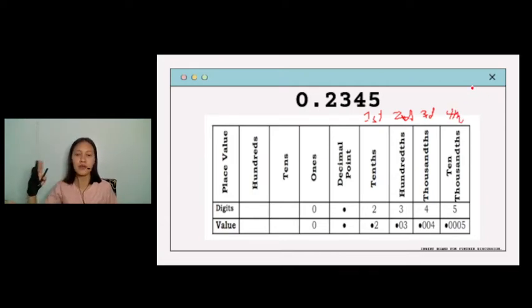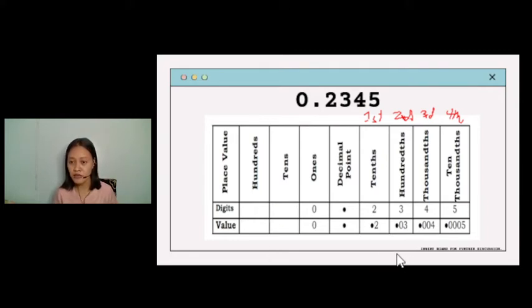So, magka-count lang po kayo ng digits simula sa decimal point papunta sa pinakakanan, right-hand side. Yung mga whole numbers nasa left-hand side ni decimal point. Always remember, decimal point will serve as our point of reference para ma-distinguish natin if the digits are whole number or decimal digits.